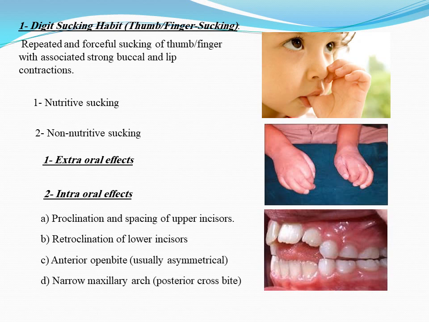There are essentially two forms of sucking. Number one, nutritive sucking. It is the sucking observed during breast and or bottle feeding, which provides nutrition for the infant. Number two, non-nutritive sucking. It is the earliest sucking habit adopted by the infant in response to frustration and to satisfy their need for contact.